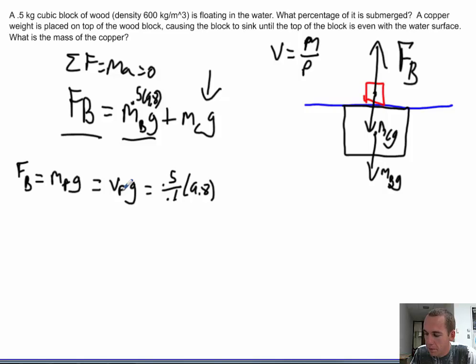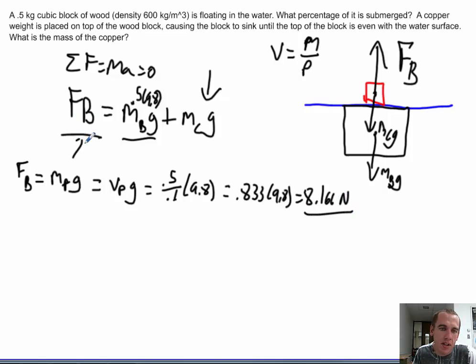So 0.5 divided by 0.6 is 0.833333, times 9.8, is 8.16666 newtons. Okay?